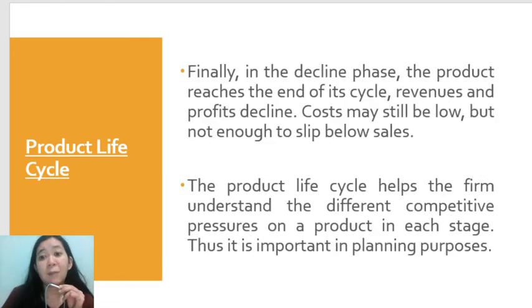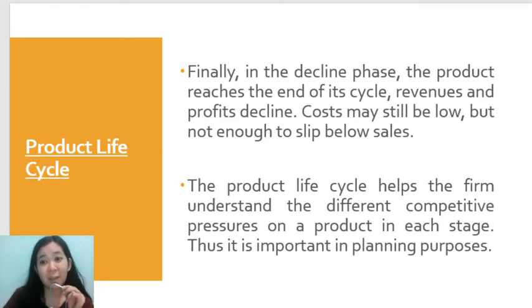Finally, in the decline phase, the product reaches the end of its cycle. So revenues and profits will now decline. So this is actually the application of the law of diminishing returns. Okay, so meaning the product will reach its peak point, and after which there's nowhere to go but to go down.